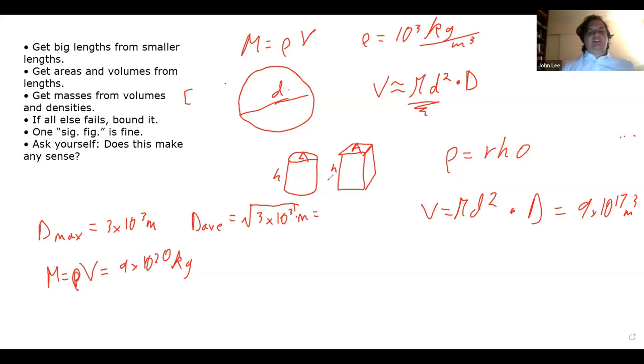So it's 9 times 10 to the 17th times 10 to the 3, which is 9 times 10 to the 20th kilograms.